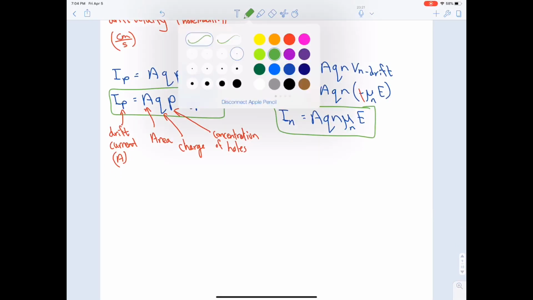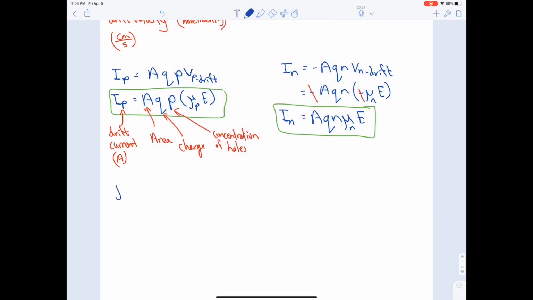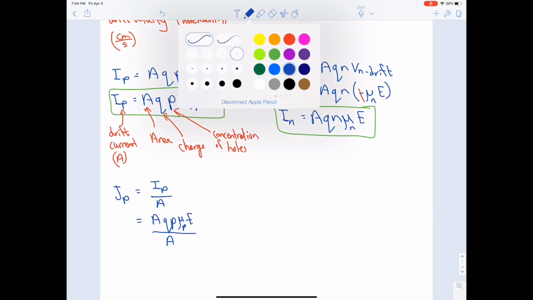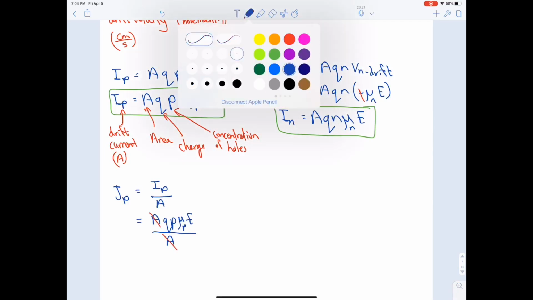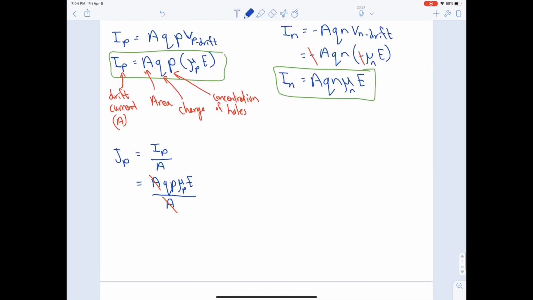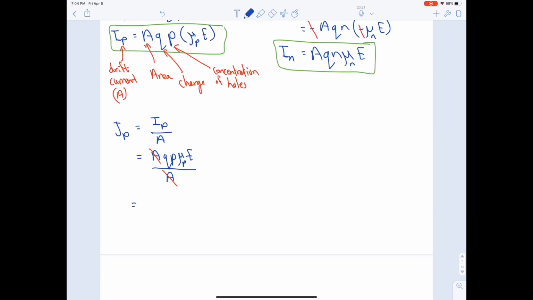Next, we have another equation which is JP. JP is IP divided by the area, or we can write it in the full form A Q P mu P E divided by the area. Now area with area, they cancel each other. This will give me Q P mu P E. That's JP.